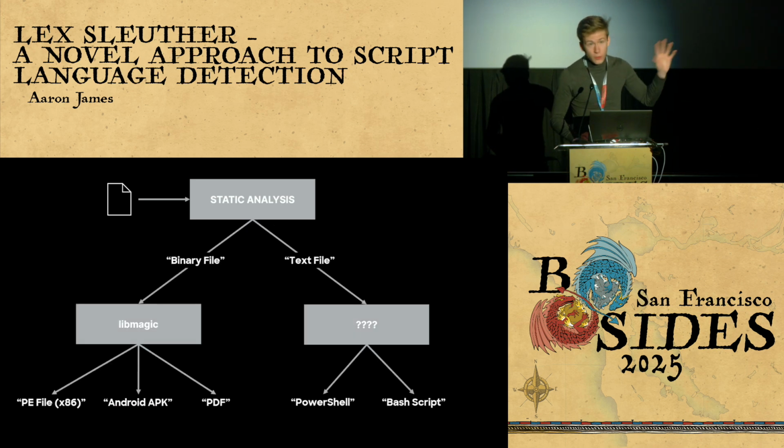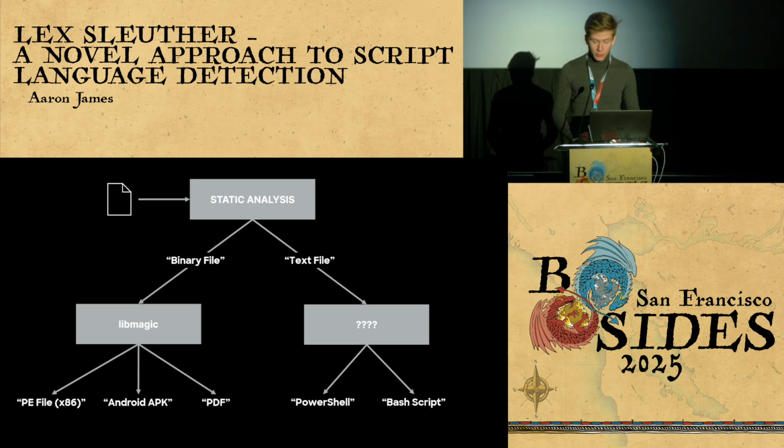I don't want to oversimplify the file type decision in and of itself either. It is certainly true that distinguishing a binary file from text is basically free. And it's also true that static signatures available for identifying binary formats are kind of robust. The tricky part here is scripts.